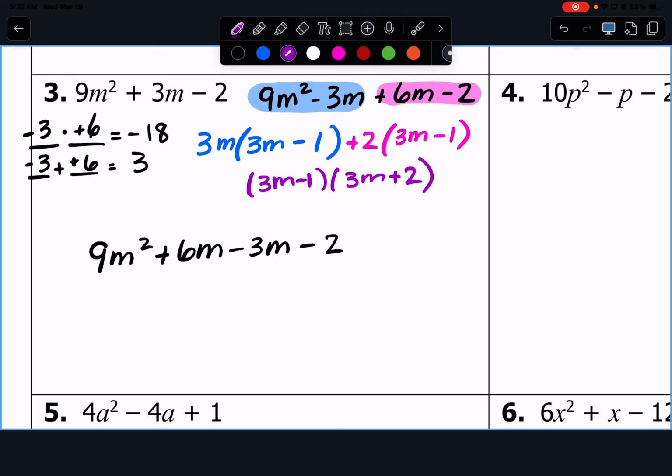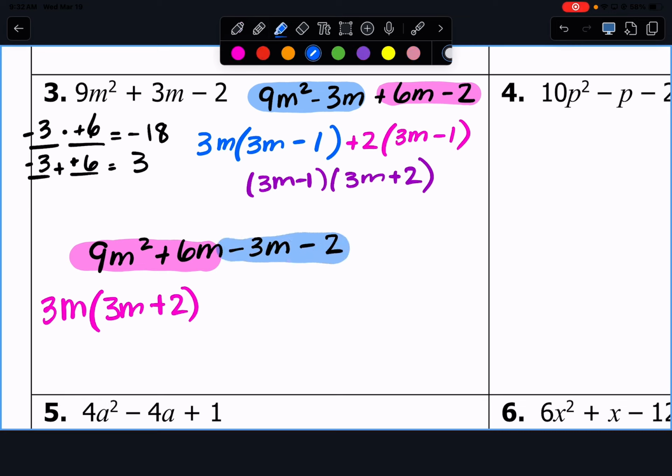All right, now do the same thing for the second one. Group the first two together. What's the GCF of that, though? 3m. Okay, which will leave us with 3m plus 2. And then the GCF for the second half is just going to be what?